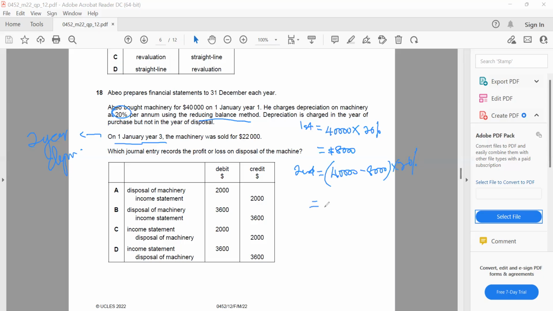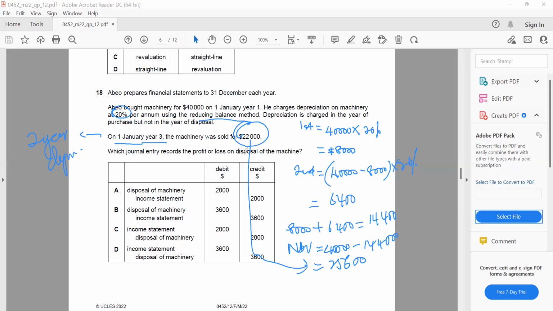So we get 6,400. So 2 years depreciation, 8,000 plus 6,400, we get 14,400. Now, next is our net book value upon disposal, which is 40,000 minus 14,400. So we get 25,600.